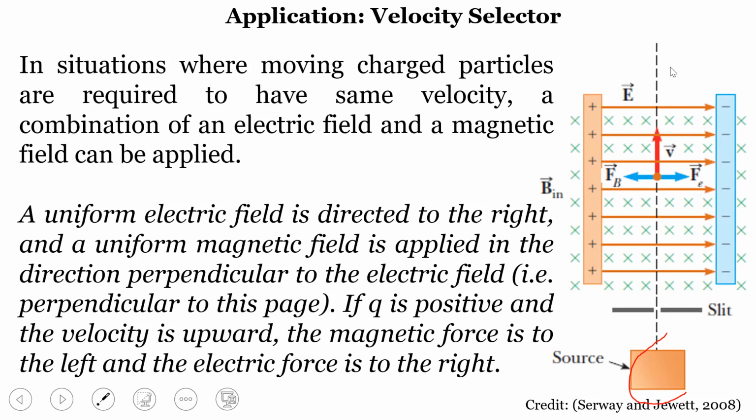So for a particle to move undeflected, it must have a velocity that coincides with the magnetic field strength, so that the magnetic force is equal to the electric force. Since the magnetic force is pointing to the left and the electric force is pointing to the right, when both of them are equal, the resultant force will be zero.